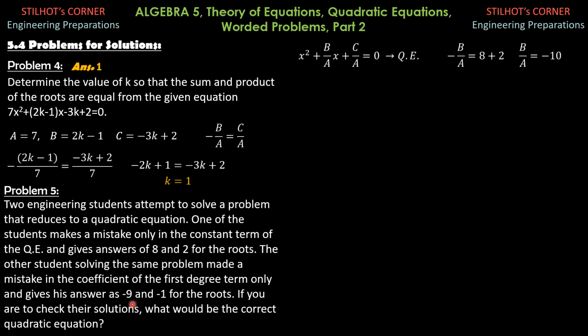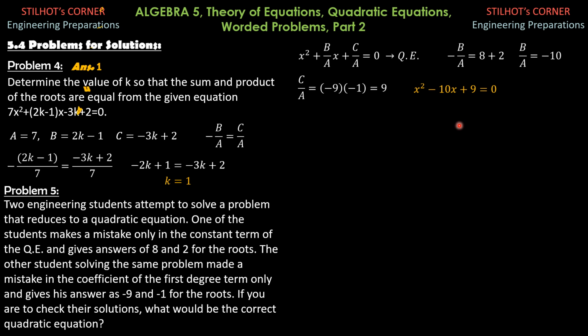So c over a, which is the product of the roots, equals negative 9 times negative 1, and that is 9. Substitute into this equation, the quadratic equation therefore is x squared minus 10x plus 9 equals 0. So that's the quadratic equation.